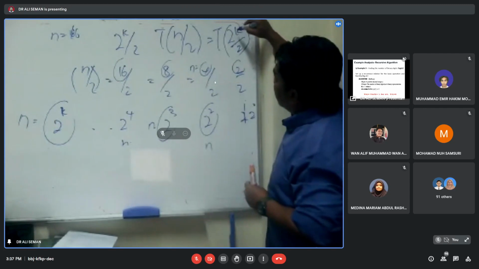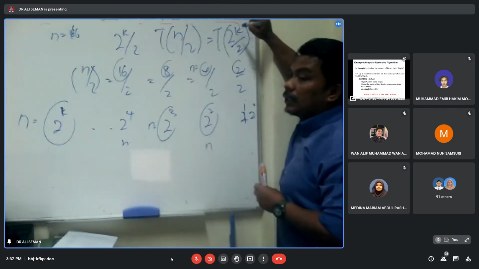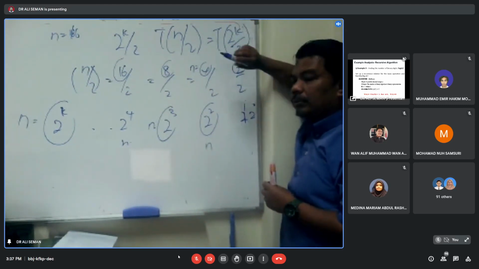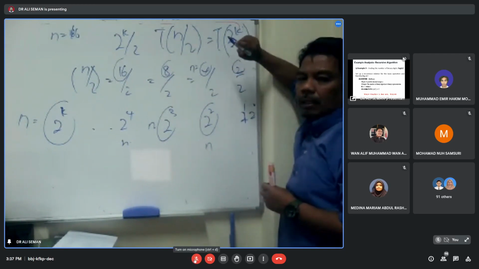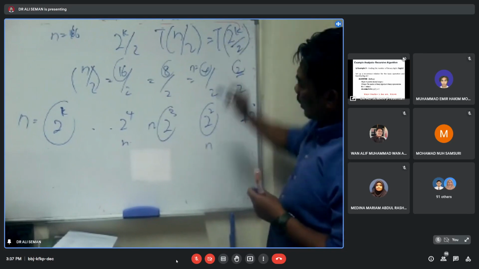Now, even though we put it in this form 2 power k, it is still not in the form of a recurrence relation. Because for a recurrence, we must have a minus 1. Then we can start the recurrence and use the back substitution method. So how do we translate this?